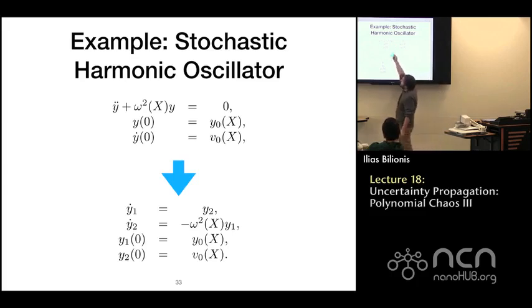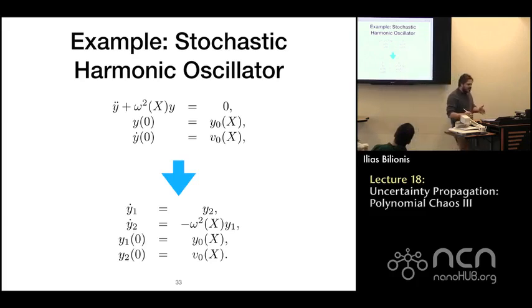So you are uncertain about the natural frequency, and you are uncertain about the initial condition. You don't know exactly where the harmonic oscillator starts, and you are uncertain about the initial velocity. That's pretty much it. Now this uncertainty is described in any way it is described, it doesn't really matter.